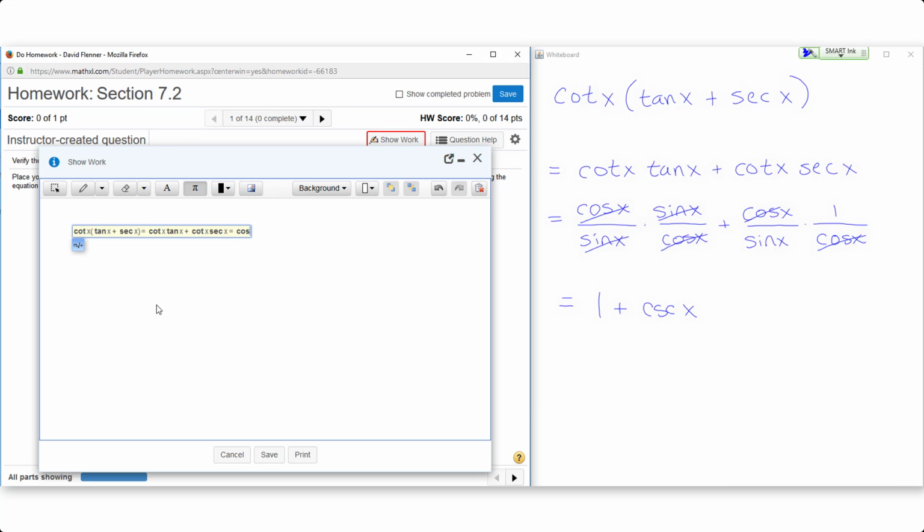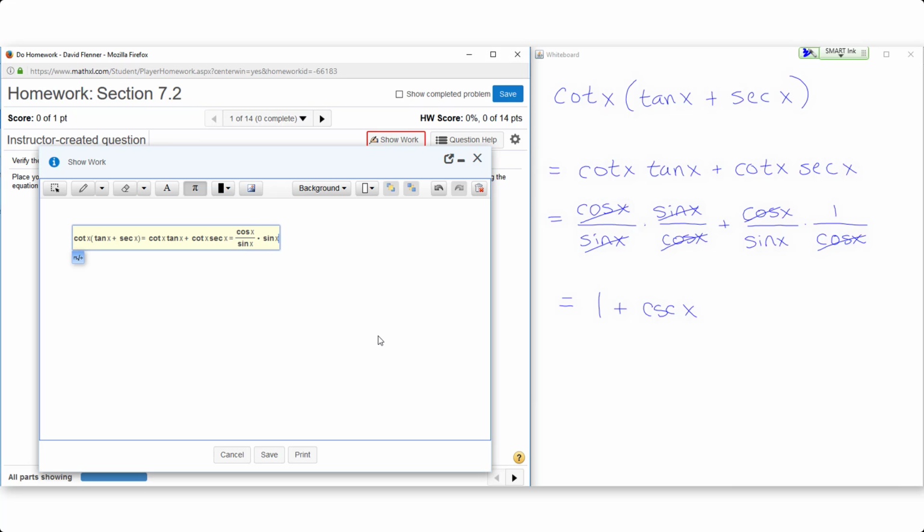And then I changed these into fractions. So I have cosine x, and if you just hit divide, you don't have this little toolbar where it gives you fractions and square roots and things, but if you just hit divide, it'll make a fraction. So cosine x over sine x. And then if you hit shift and 8, which is the star, it'll just give you a little multiply symbol.